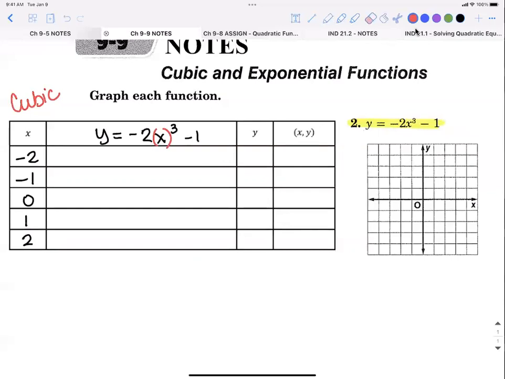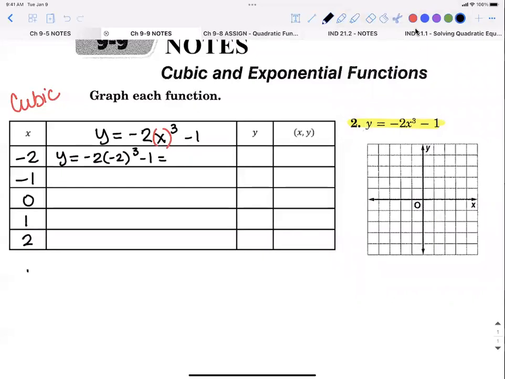All right, so for the first one, we have y equals -2 times, and we're going to plug our x here, -2 cubed minus 1. Now, it's really important to remember the rules about when your base is negative and your exponent is odd, just in the cubing part, not the rest of it.